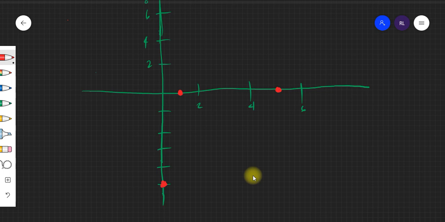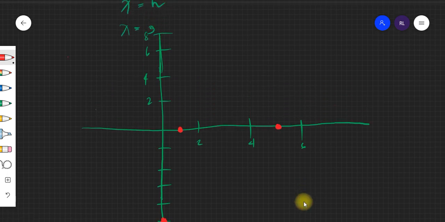So that's number 3 already. Number 1, we know that the graph opens like this. Number 2, it passes through these 2 points, the x-intercepts. Number 3, it passes through the y-intercept, which is 0, -10 here. Number 4, we know that the maximum point, the turning point, or the vertex is 3, 8.